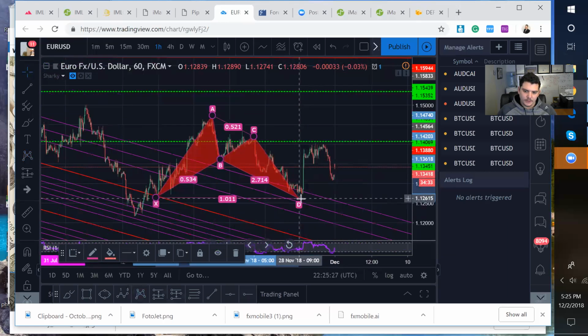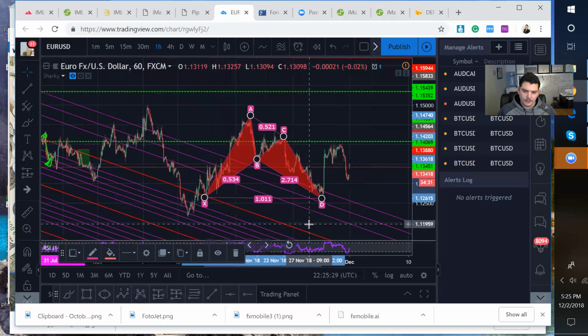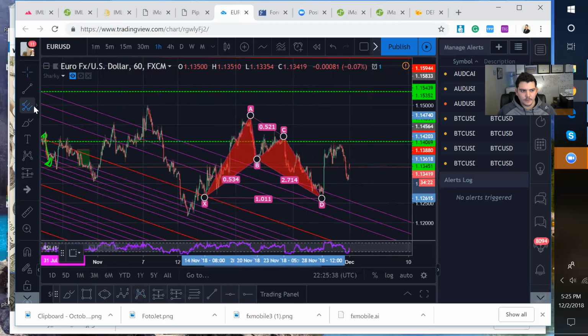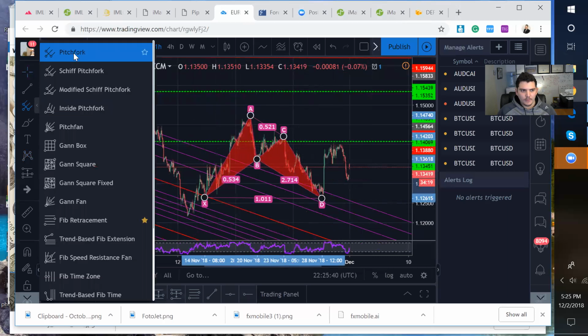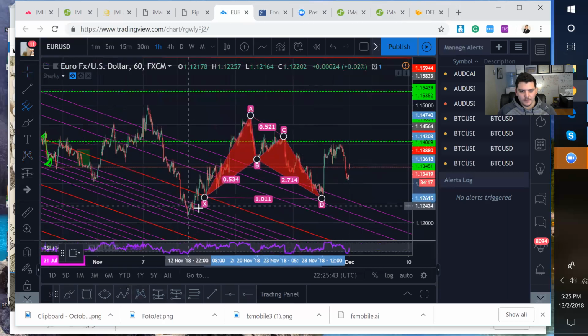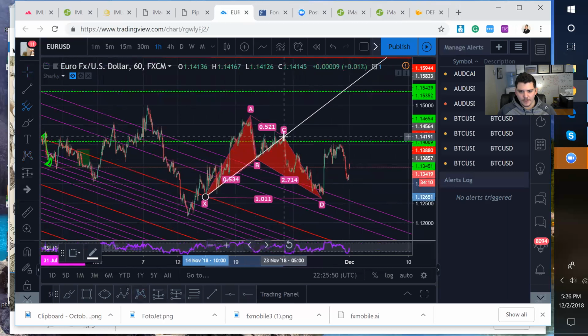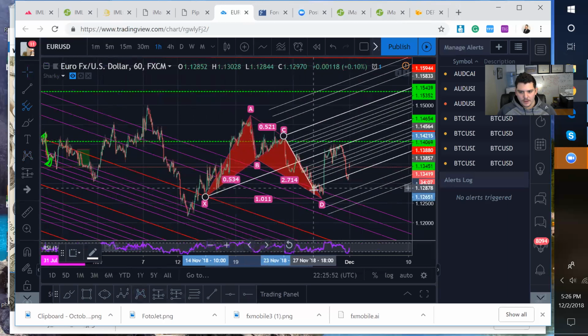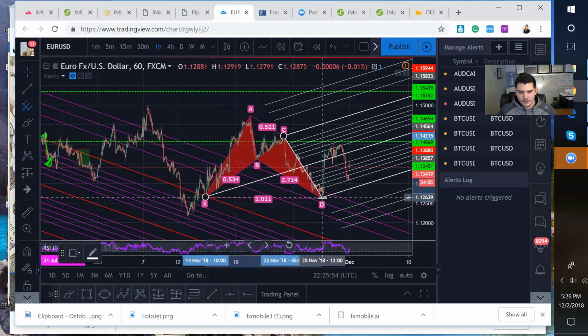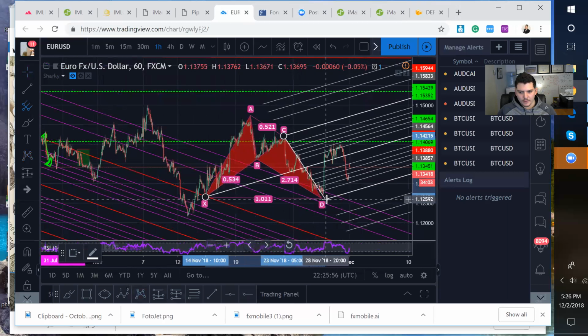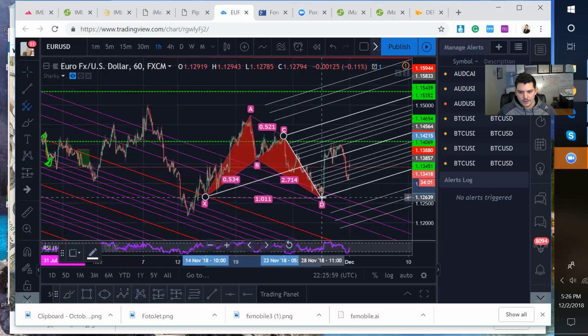Now, this is a good area in the marketplace that we can start to look at on our TradingView, right? The second step to this is to grab what is called a pitchfork. We want to grab a pitchfork and go from X to C, and then click down and hold it down until you get to the D leg.